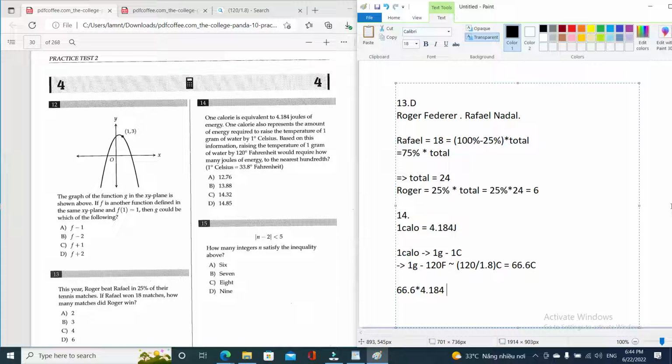Okay, I'm sorry, that's division. So that's calories, right?